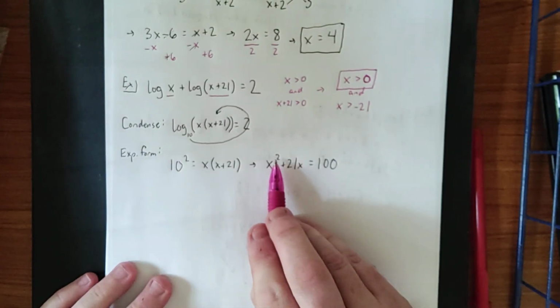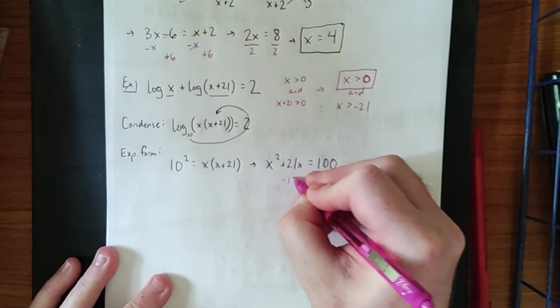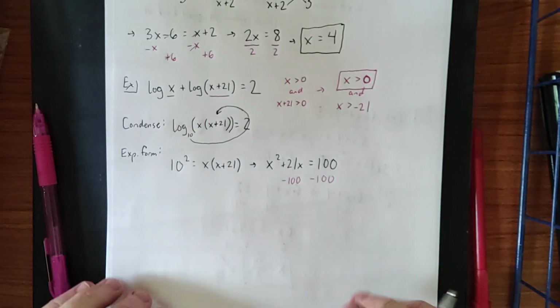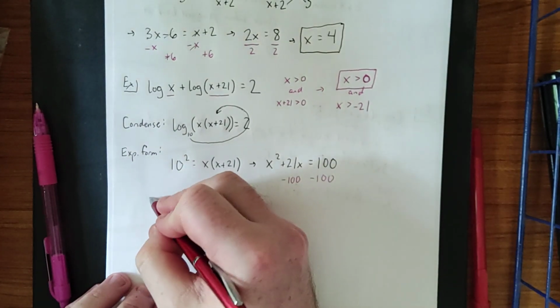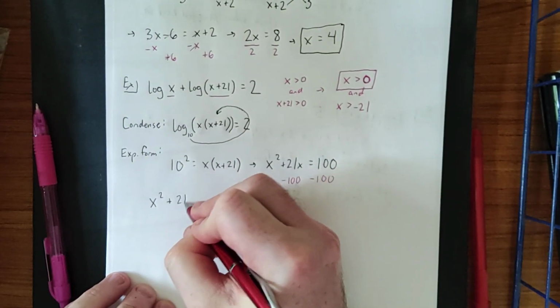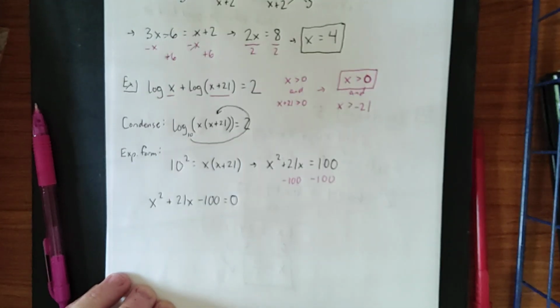Now with those things in mind, this technically counts as a quadratic equation. We have an x squared as the highest power of x. Typically, to solve quadratic equations, we want to make sure that there's a 0 on one side. So we can do so by subtracting 100 from both sides. That'll put us at x squared plus 21x minus 100 is equal to 0. I did design this so that it would factor pretty nicely.